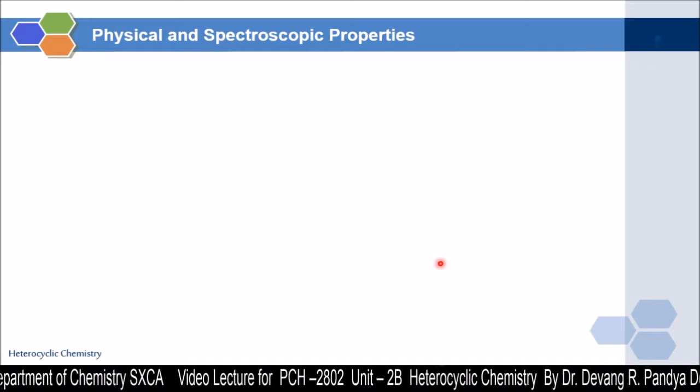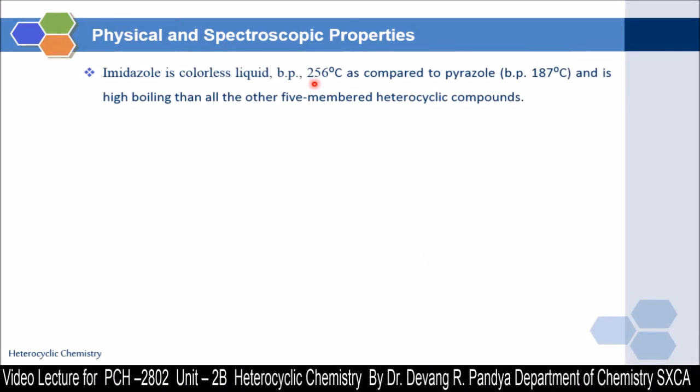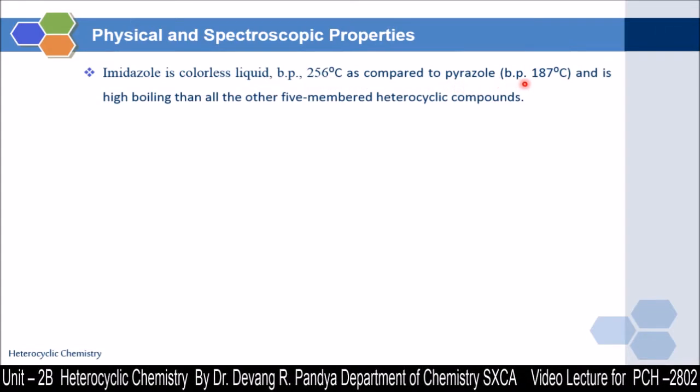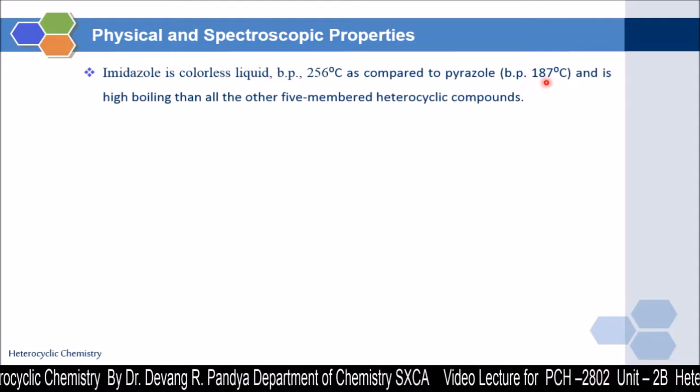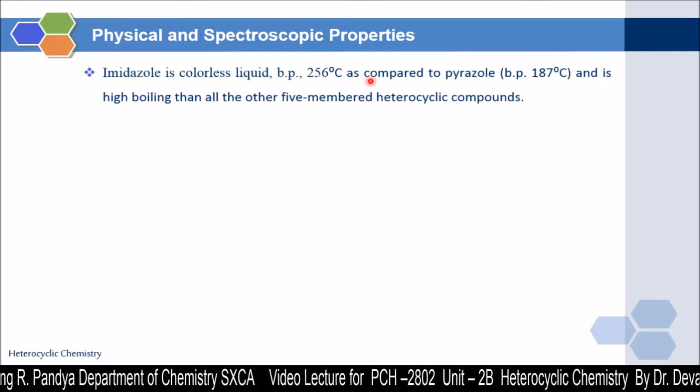Physical and spectroscopic properties. Imidazole is a colorless liquid having a boiling point of 256 degrees centigrade, as compared to pyrazole, whose boiling point is 187 degrees. So you can see imidazole has a higher boiling point.